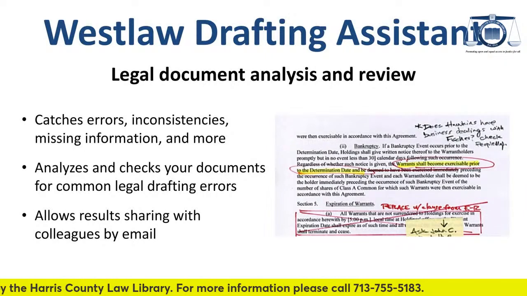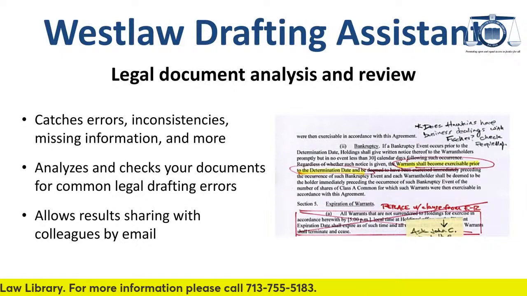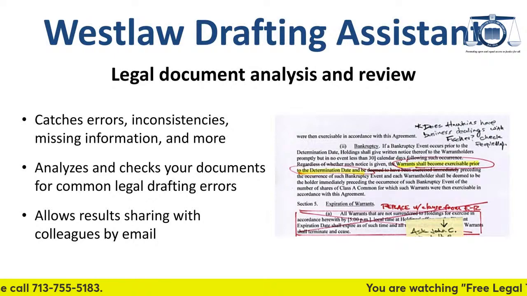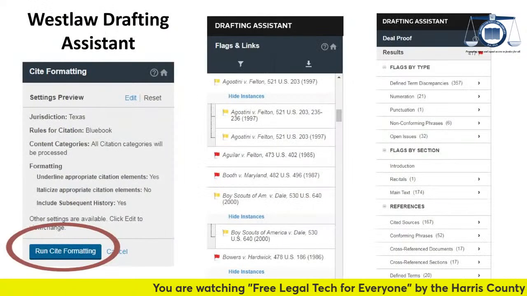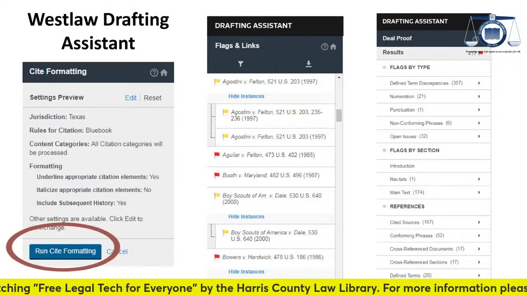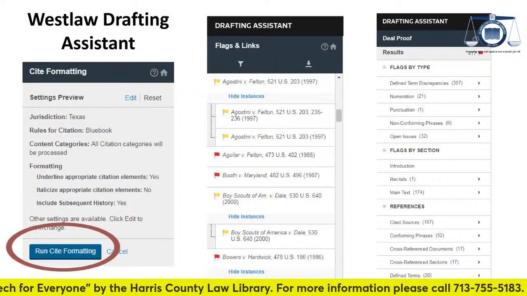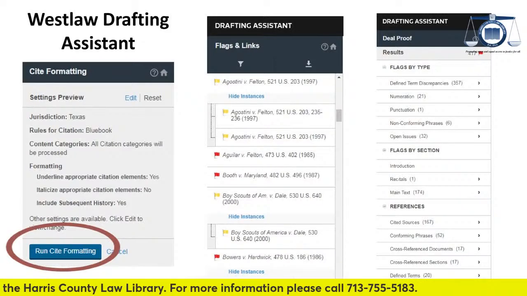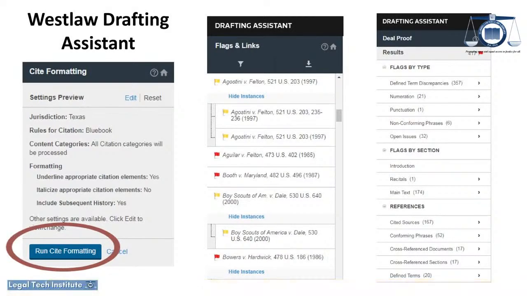So if you're sharing or collaborating with a colleague on some legal document, you can run it through the Drafting Assistant on Westlaw, and it looks at things like defined term discrepancies. So this will flag items within your document that show potential issues and inconsistencies in defined terms. It looks at things like capitalization for consistency or inconsistency, to see if something is in alphabetical order, if a term location is misstated.